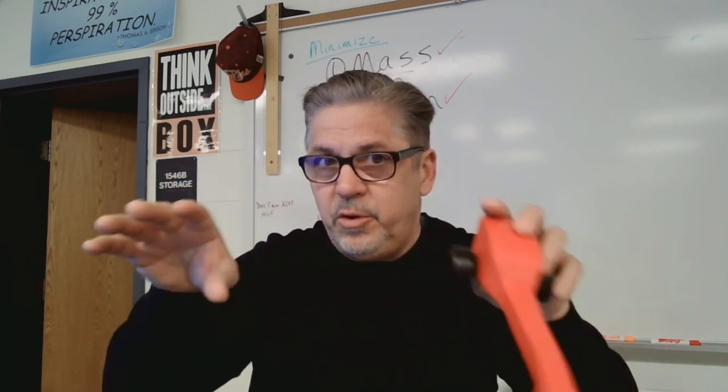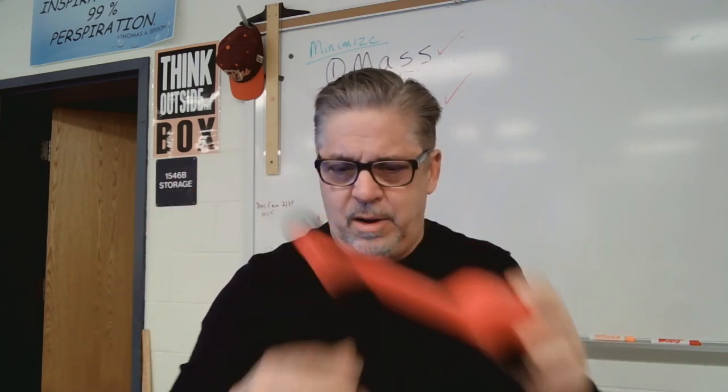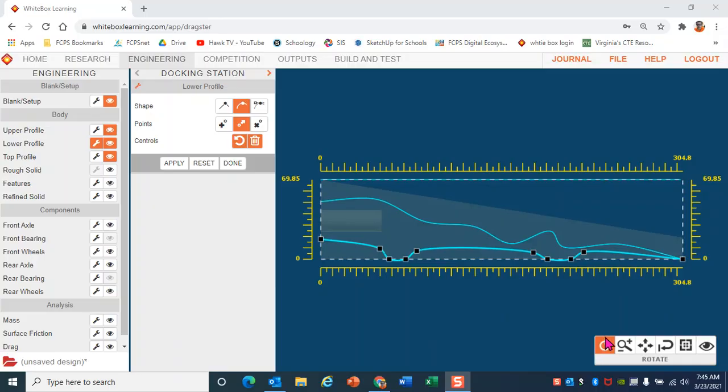So when we see 2D representations of things, it's kind of hard for us to put it all together and go, well, what is that thing really going to look like? Ha-ha! That's okay, Whitebox solves that problem. So just click on rough solid and magical things will happen.